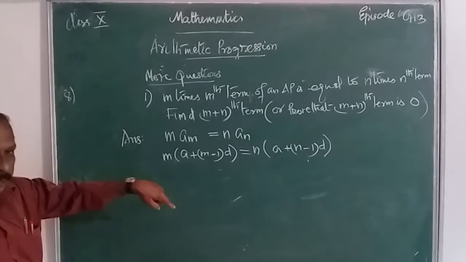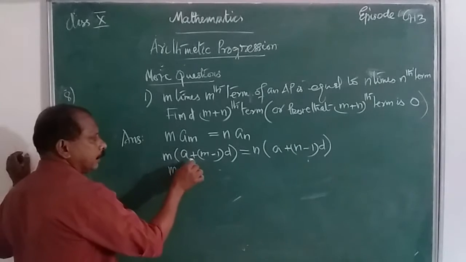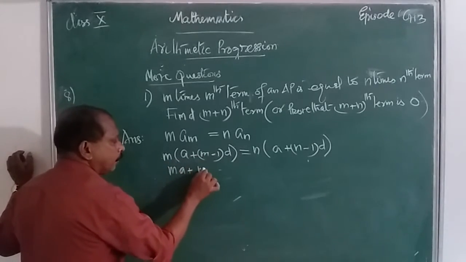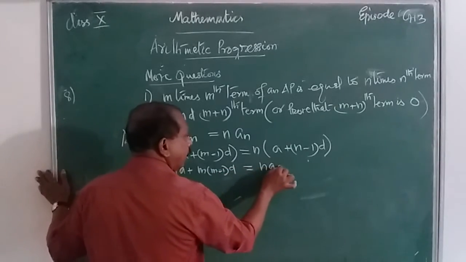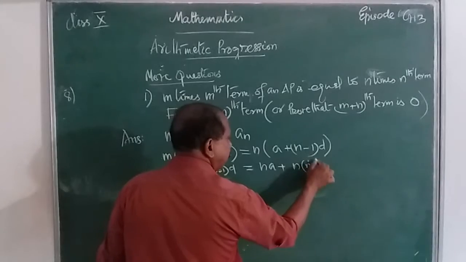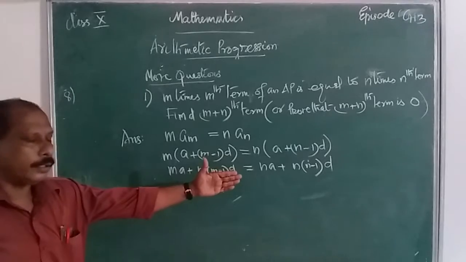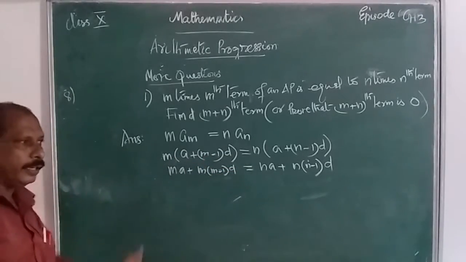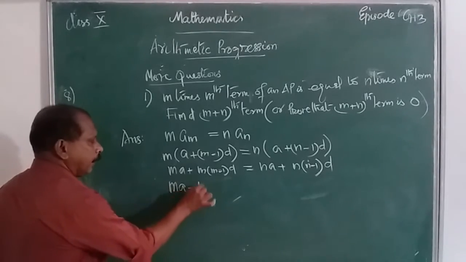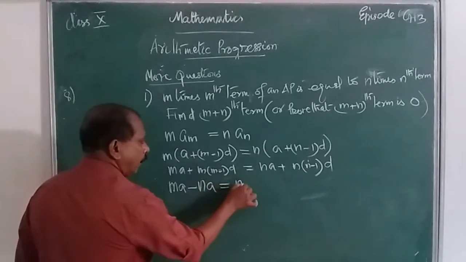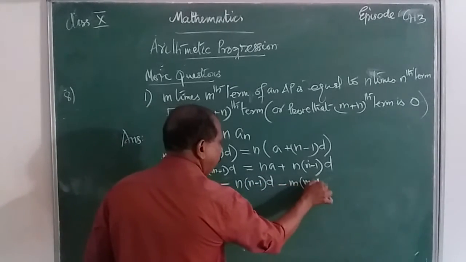Then open the brackets: ma plus m into (m minus 1) d is equal to na plus n into (n minus 1) d. Clear? a shifting to the left and d shifting to the right. Therefore, ma minus na is equal to n into (n minus 1) d minus m into (m minus 1) d.